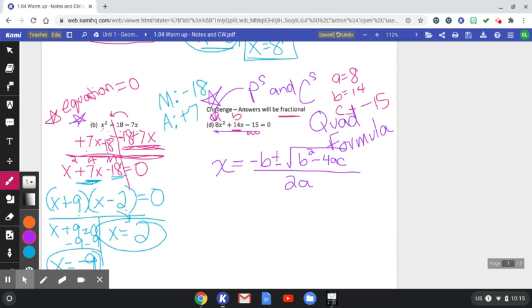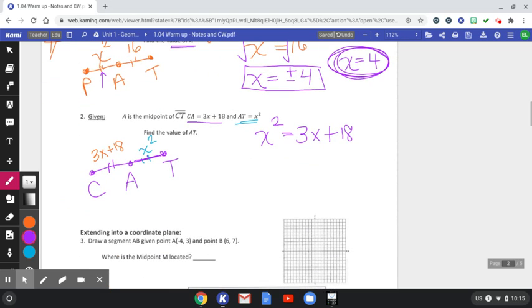What we have to do here is subtract pieces over and set our equation equal to 0. So here we're going to subtract 3x from both sides and subtract 18. Whatever we do to one side, we do to the other. And again, imagine your line down the middle. So this side will read x squared minus 3x minus 18 equals 0.